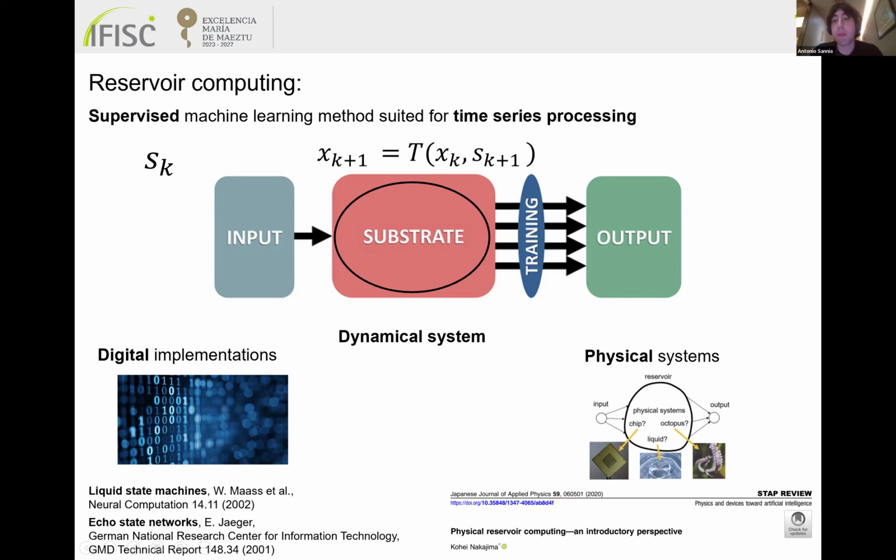Interestingly, this dynamical system can be digitally implemented, and in fact the first proposals of reservoir computing were neural networks, thought to be implemented on a digital computer. But this formalism can also be applied to physical systems. So we don't need to have a digital computer, but we can have physical systems. This is the case that we are studying now, because in our case our reservoir is a quantum system. So it's interesting that you can apply this formalism even in these cases.